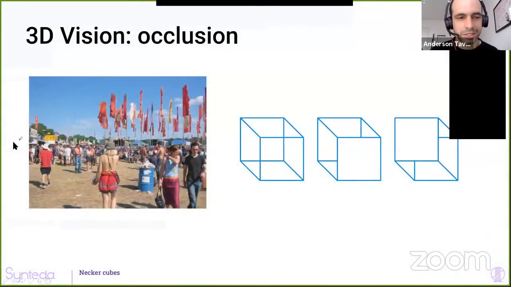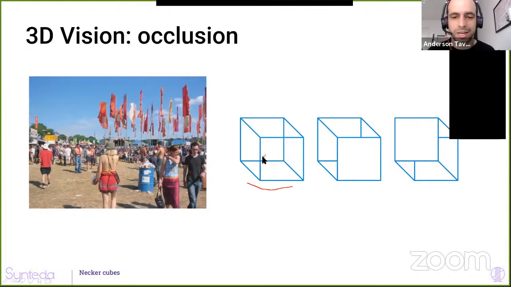And also another interesting hint or cue that we use is occlusion. So it becomes ambiguous here. This is called the Necker cube, another experiment. This kind of is ambiguous. Which cube is it?